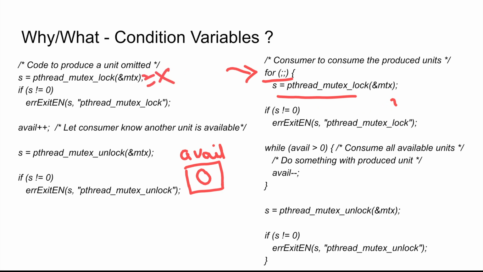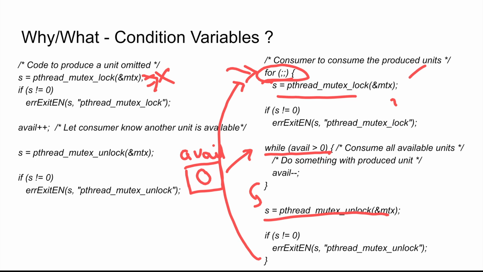It would simply block on this mutex lock call. Let's come back to the consumer where it checks for the shared variable avail to be greater than 0, which it is not as per our current scenario. It moves out of the while loop, does a pthread mutex unlock, and loops again as per the loop condition. It would again do a pthread mutex lock, check for the avail integer variable, do a pthread mutex unlock, and keep spinning in this for loop.